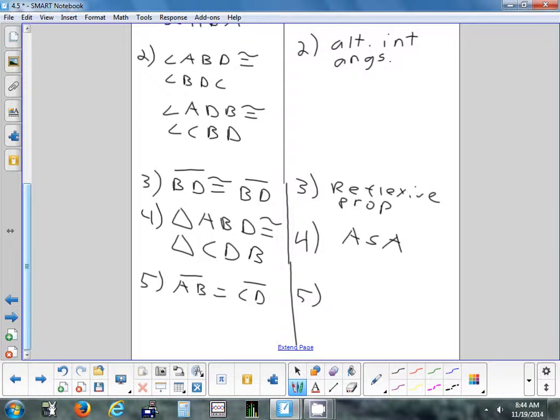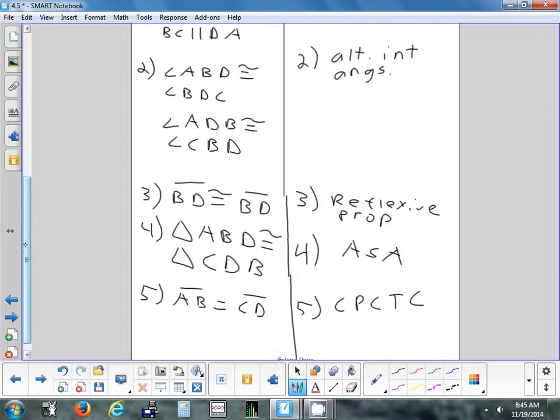CPCTC. Yes. Corresponding parts of congruent triangles are congruent. So we proved that the triangles were congruent, so all their parts that correspond are congruent. Okay. Any question on that? Because that's the new step, CPCTC.